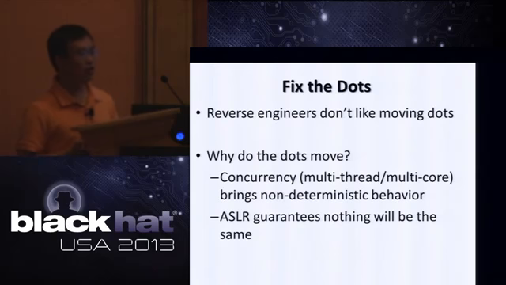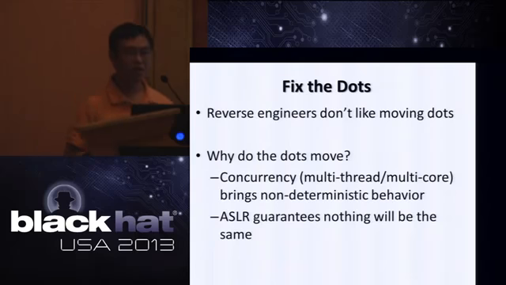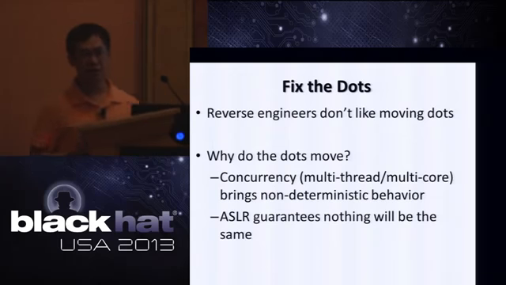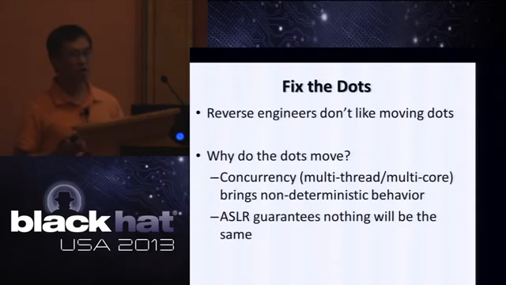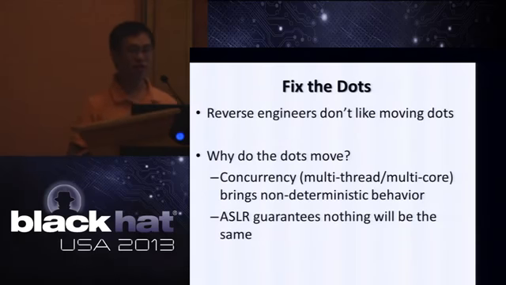One thing is multi-threading issues, as people all know. Concurrency issues bring non-deterministic behavior, and this is multiplied by real concurrency from multi-core processors, multiple processors in the system. And more interestingly, the security features that are designed to provide protection actually make things worse.